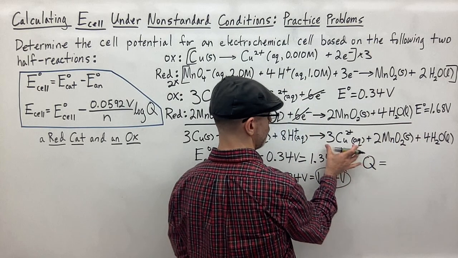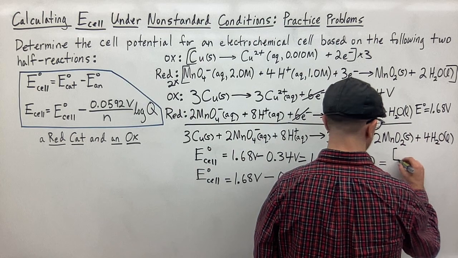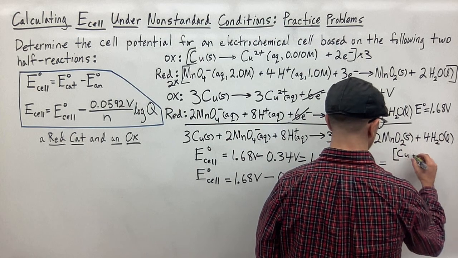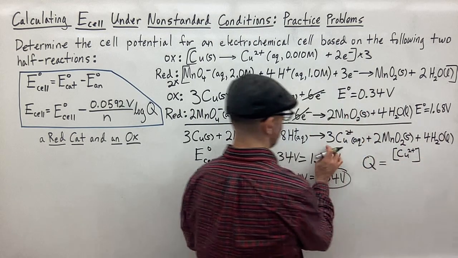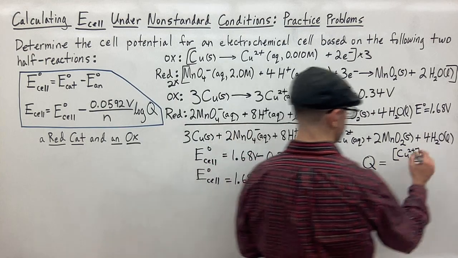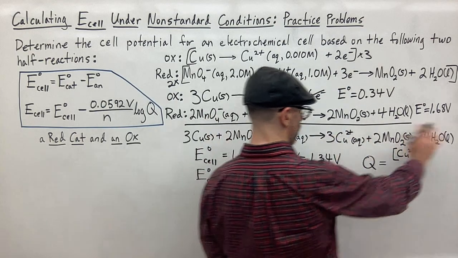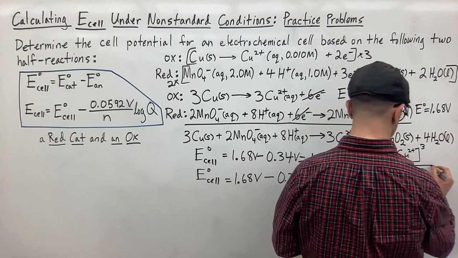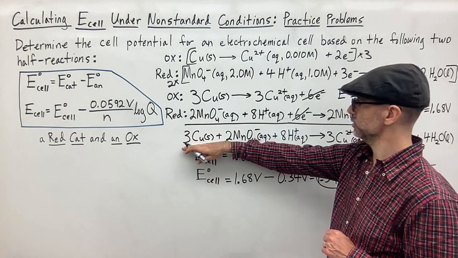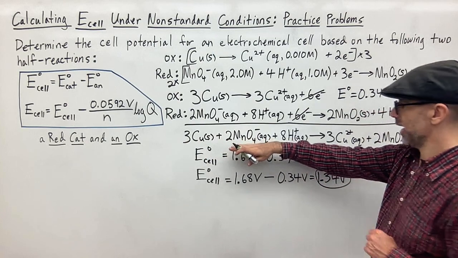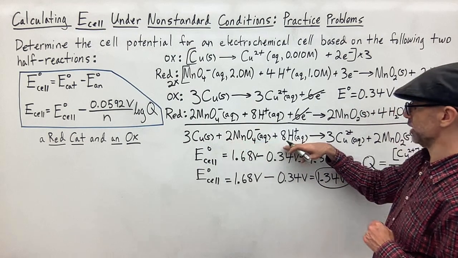So here we have Cu2 plus, so we're going to have the concentration of Cu2 plus, and with a coefficient of 3, it's raised to the third power. That's it for products. Then we have reactants. We ignore copper, and we have aqueous permanganate ion and H plus ion.